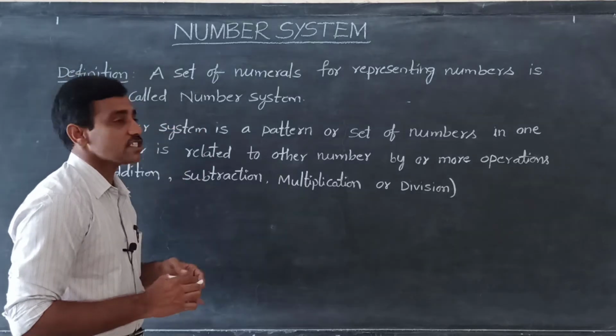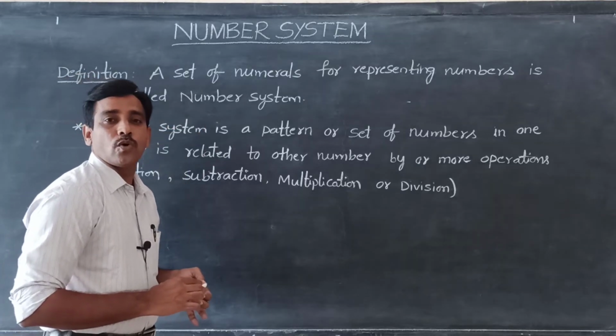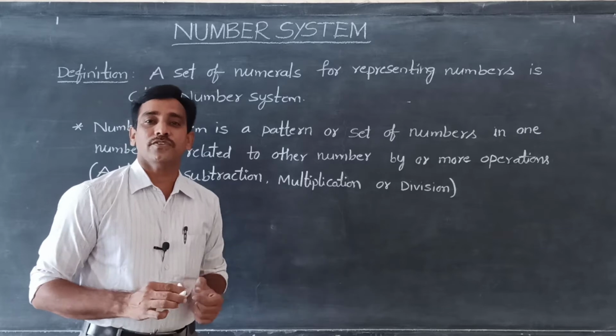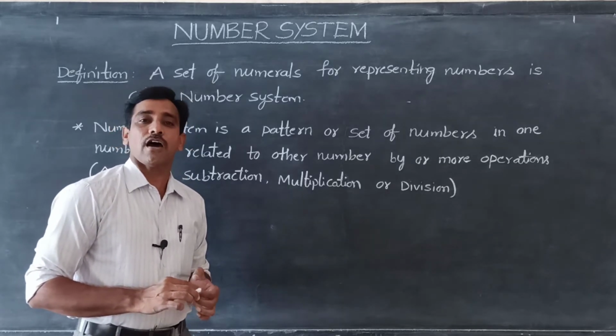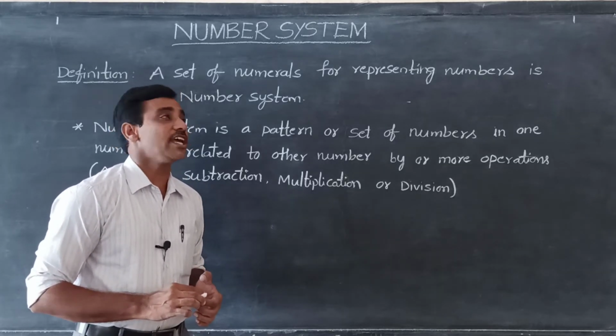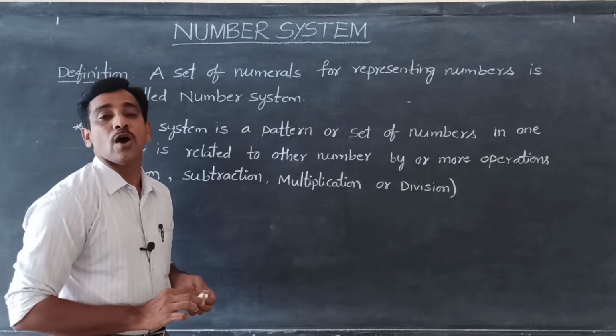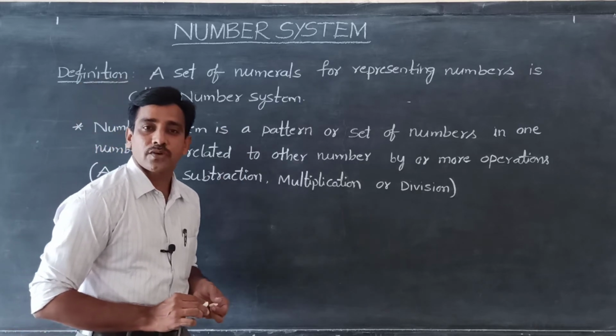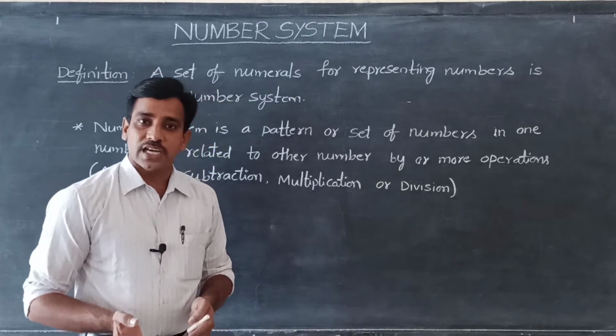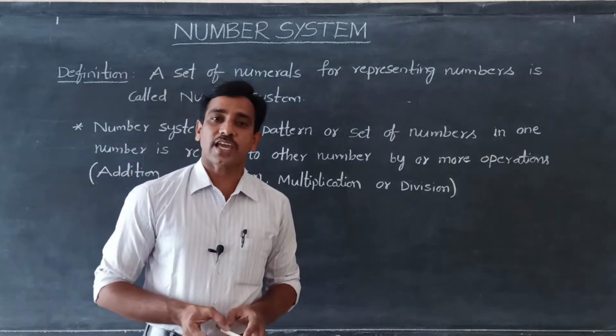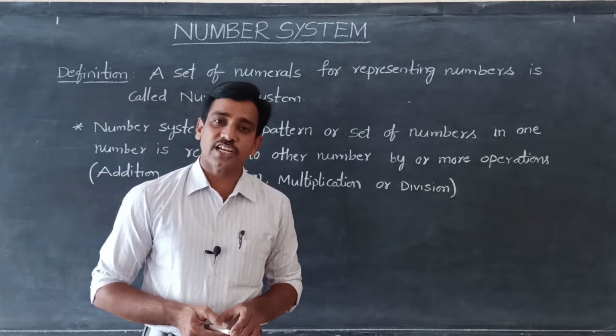In this number system we have various types of systems. That is natural number system, whole number system, integers, rational numbers, irrational numbers.